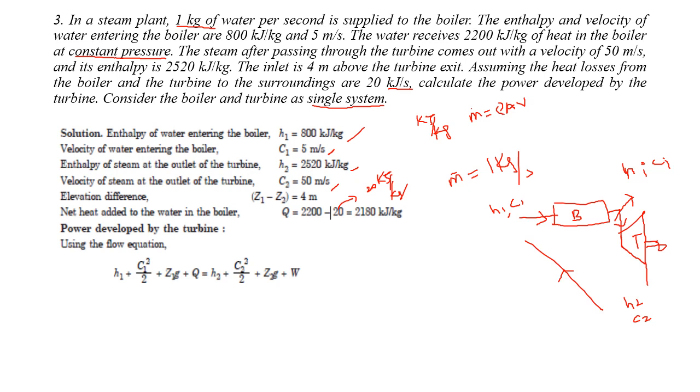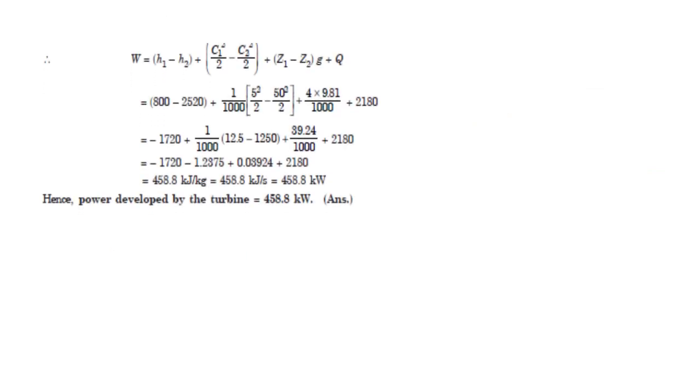In order to solve this problem, use the steady flow energy equation. You know the steady flow energy equation, right? We are rearranging it: change in enthalpy, change in kinetic energy, and change in potential energy. Now we are substituting every value.